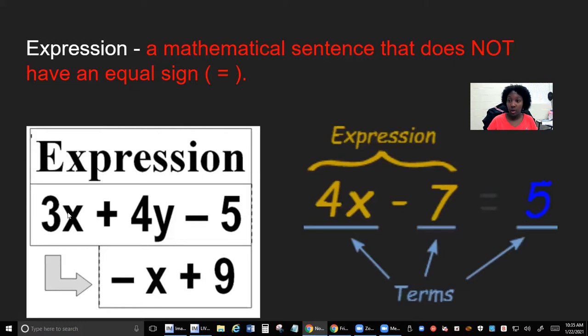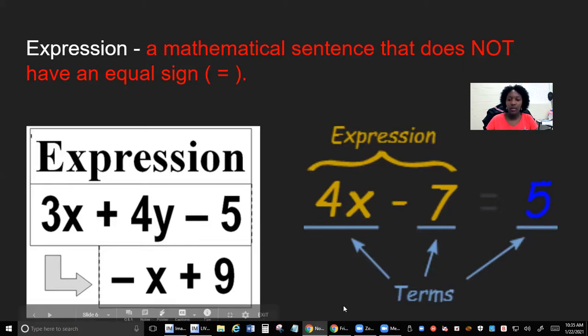They don't want you to solve. Usually they want you to combine things that are the same to make it a simpler problem. So notice 3x plus 4y minus 5. They didn't ask you to solve anything. Or this example, negative x plus 9. Nothing to be solved. Okay, so that's the difference between an expression and an equation, is that equal sign.